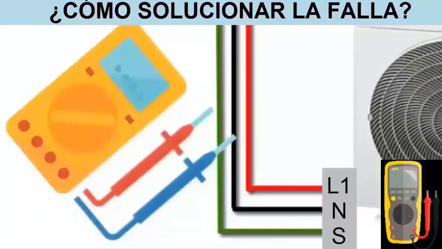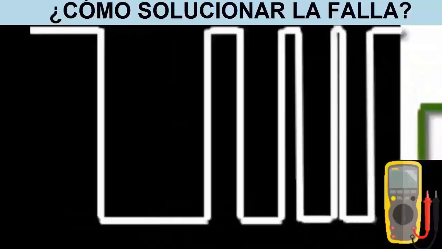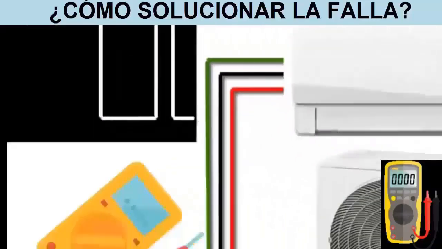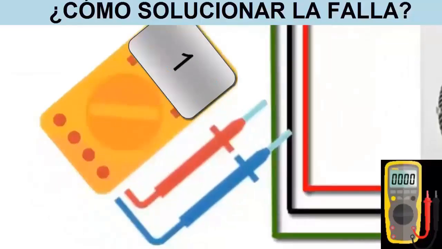D. Voltage measurement. With the unit powered and running, use a multimeter in DC voltage mode to measure the signal or communication wire, terminal S, relative to the neutral wire. Voltage behavior may vary depending on the brand.